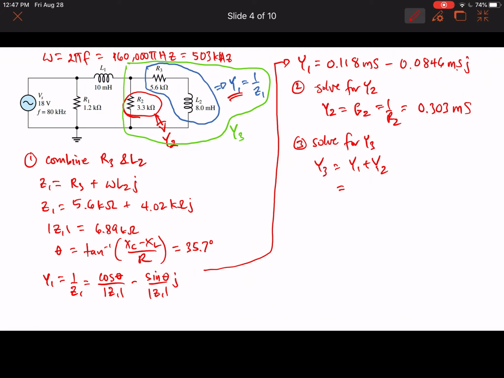Y1 has a real component and Y2 is just a real component, so we just add those, and Y3 will only get the imaginary component from Y1. So Y3 is equal to 0.421 millisiemens minus 0.0846 millisiemens j.